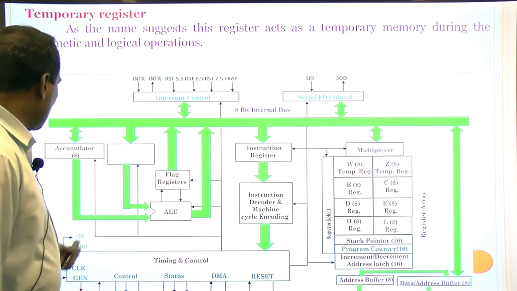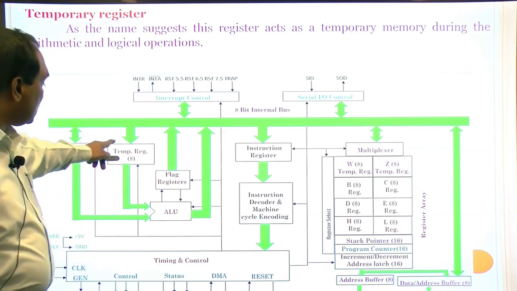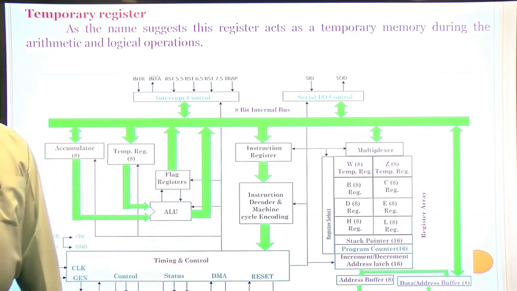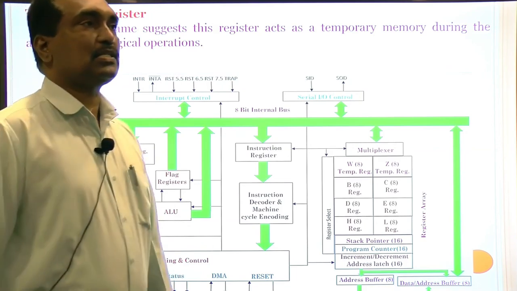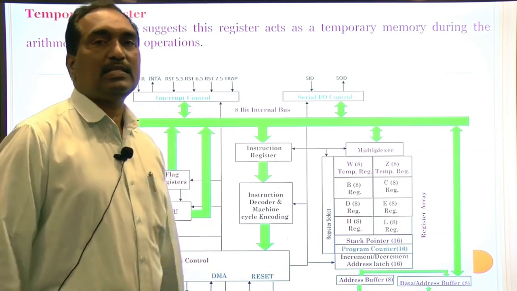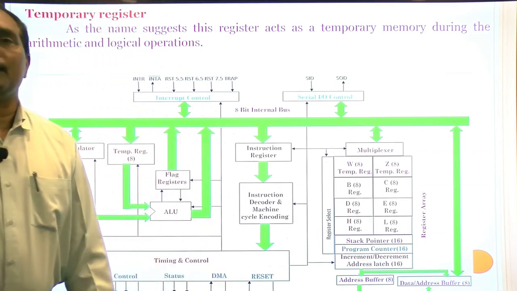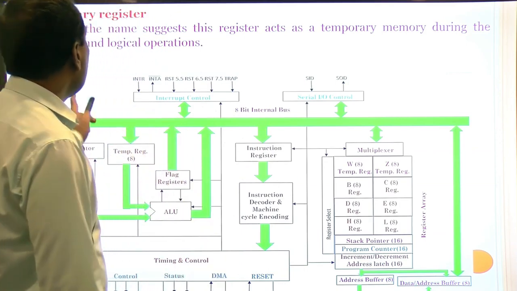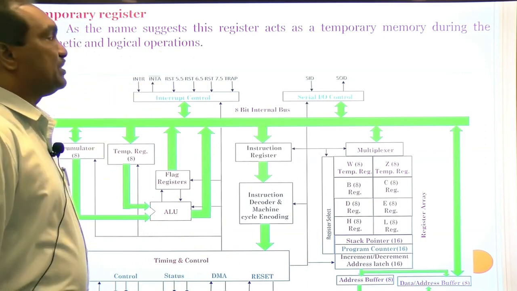And one more set, the temporary registers, which are connected with the ALU. These temporary registers are also not accessible to the programmer. These registers are available to the microprocessor to do internal arithmetic and logical operations.